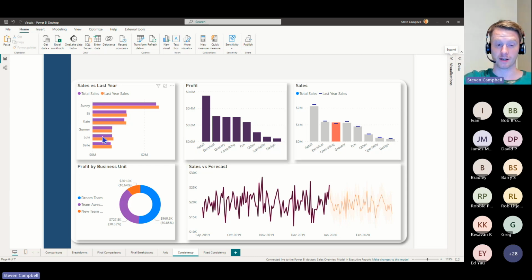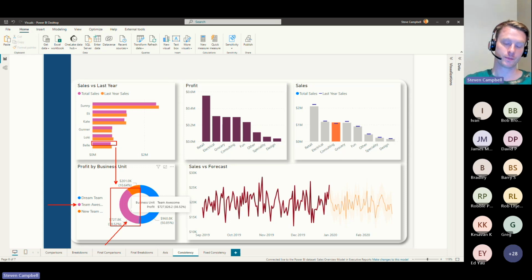I then kind of might go down here, and I can see, okay, this is the same color. Instinctively, I will be in my mind linking these two colors together because I've seen the color up here, and you've told me it means total sales. I'm going to assume it's going to mean total sales down here. Well, no, because this is something completely different.